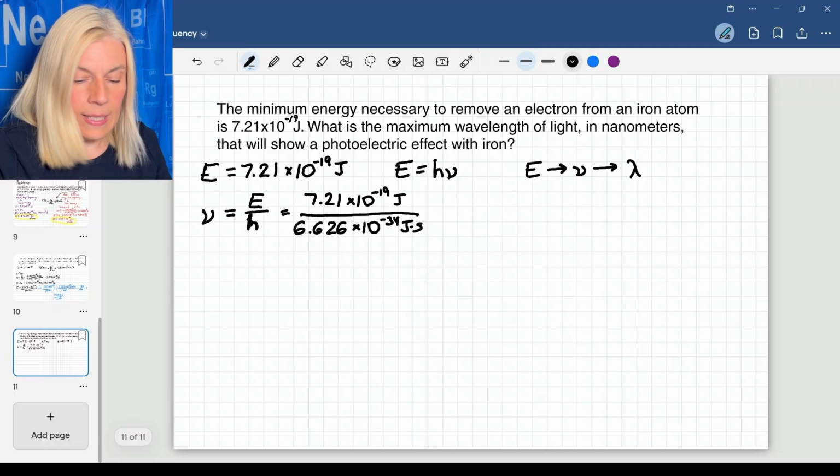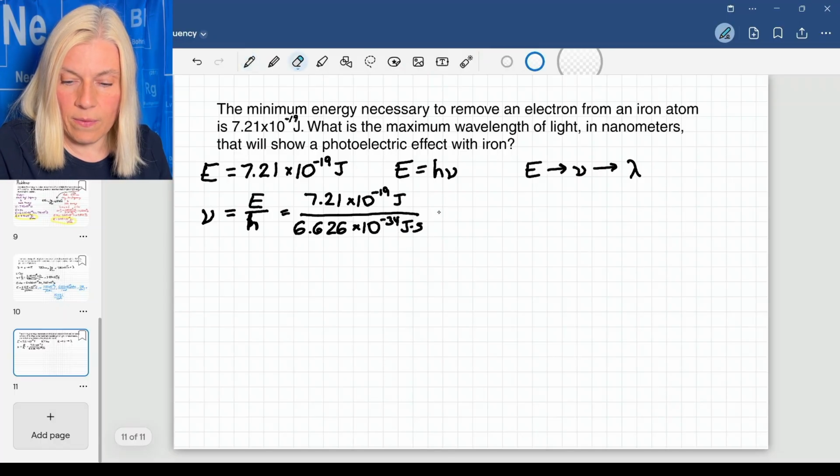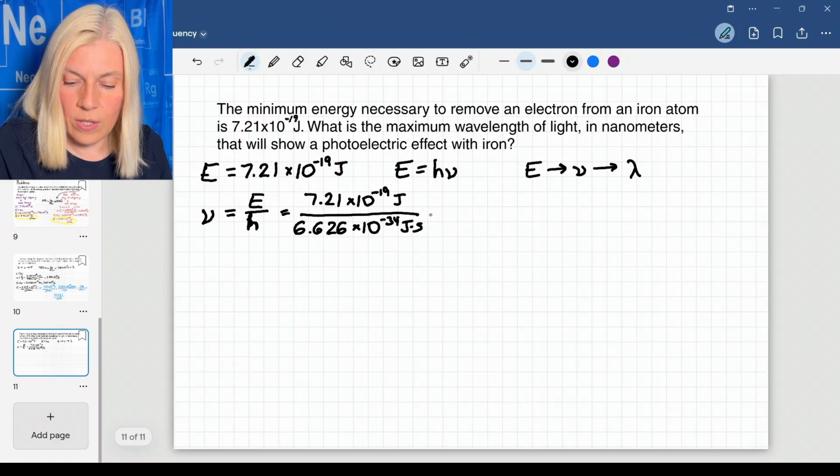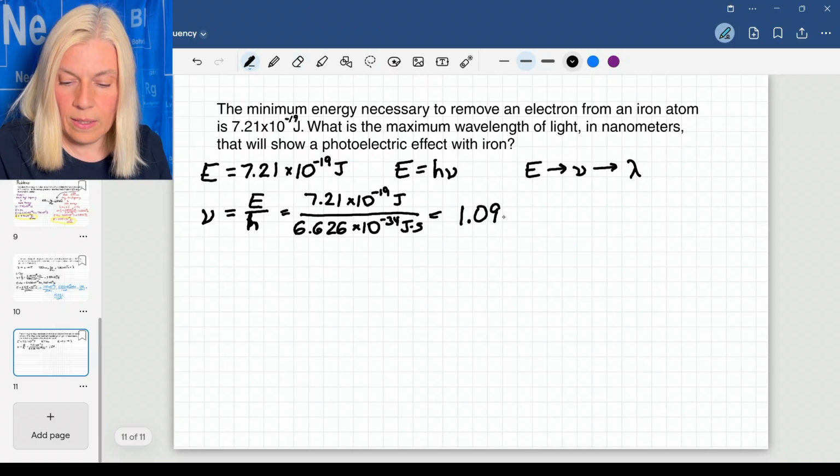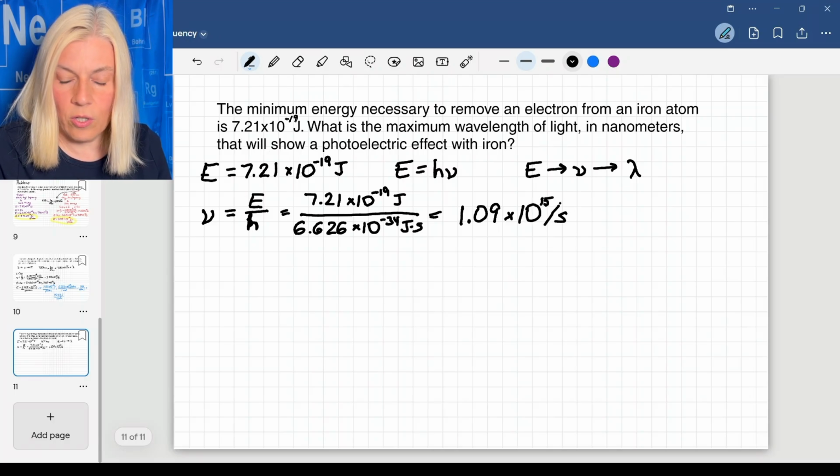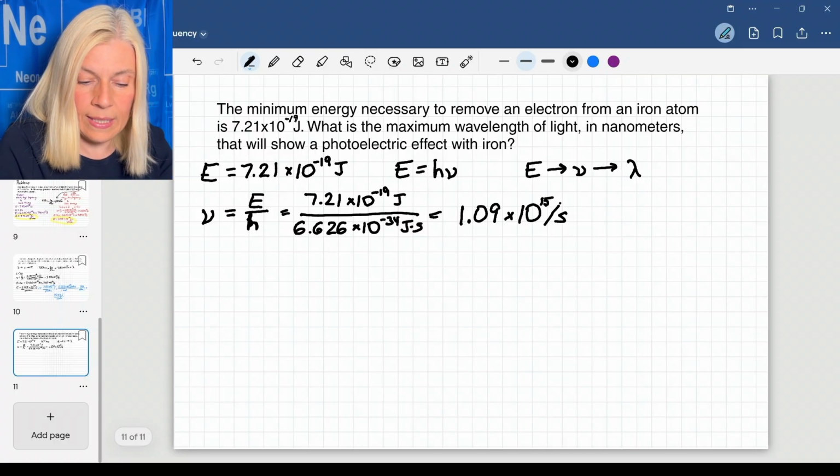So if I plug this in, my frequency is 1.09 times 10 to the 15 per second or hertz.